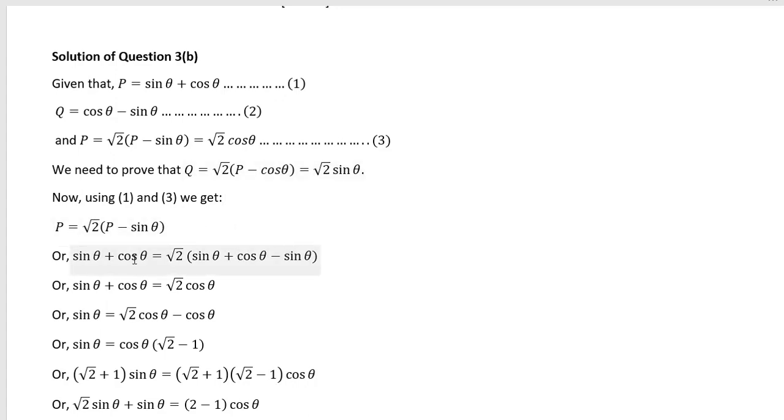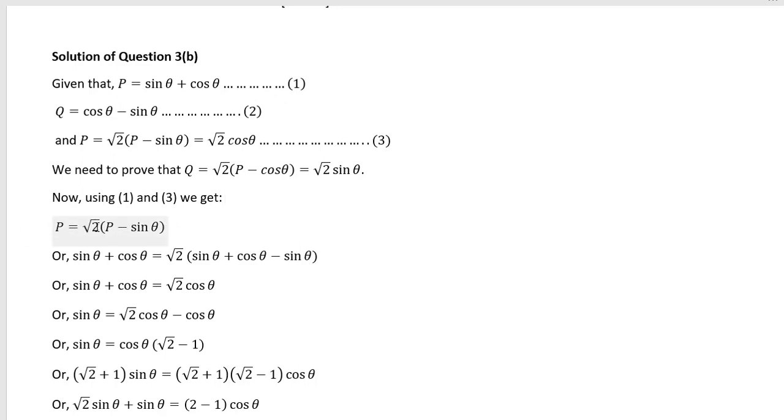Now you can see the technique of proving, and the super easy and super popular technique of solving this problem, like I'm showing it now.